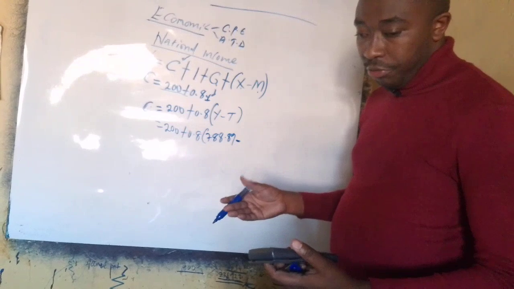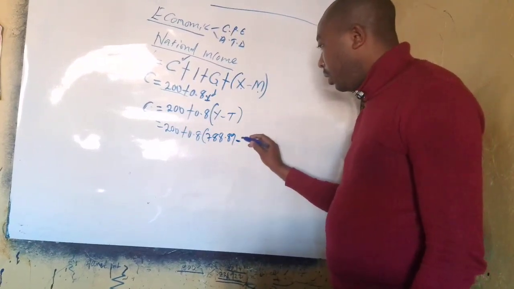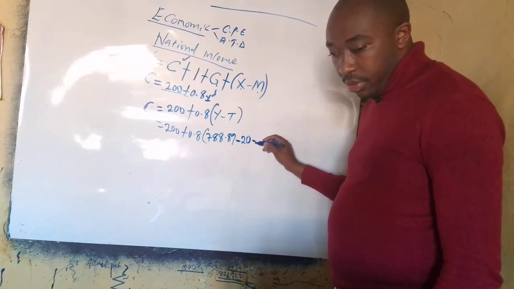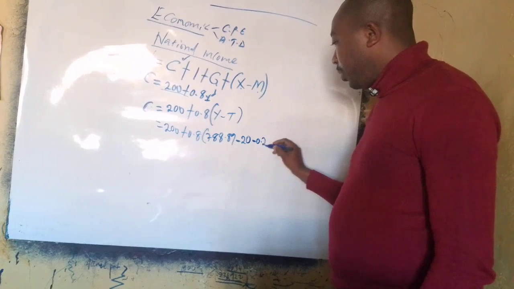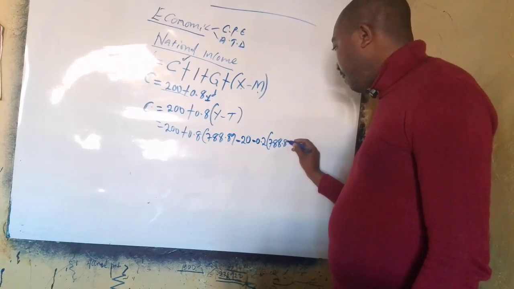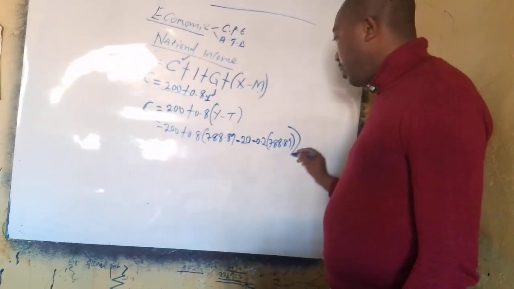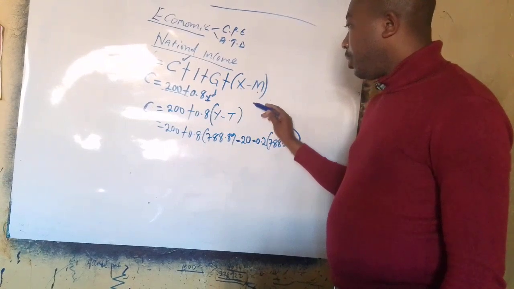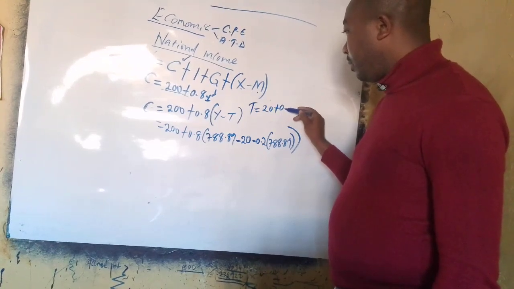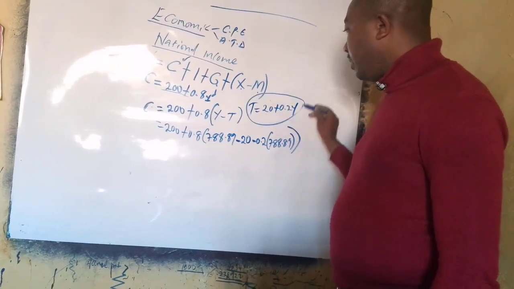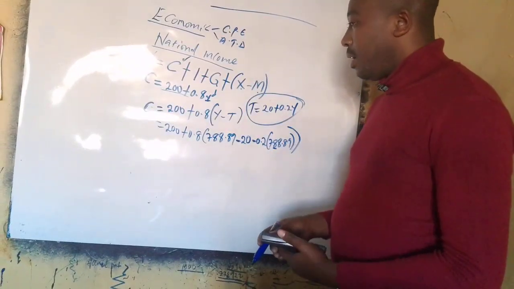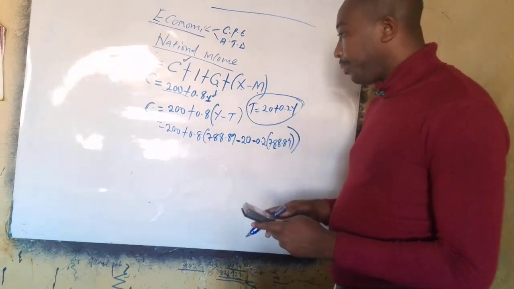And I have the equation for tax, which is 20 minus 0.2Y. So remember, the equation for tax was 20 plus 0.2Y. And since I have my Y, wherever there is Y, I substitute with this. And that is the consumption.